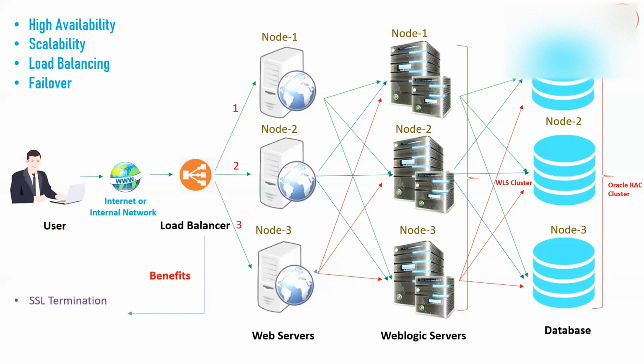The benefits of the load balancer, which we discussed in sessions 1 and 2, include SSL termination, meaning you can configure SSL at the load balancer level. It is not required at the web server or the WebLogic server level. And then session stickiness: if a user is connected to one of the backend servers, all the requests from that user will be connected to that particular node only.